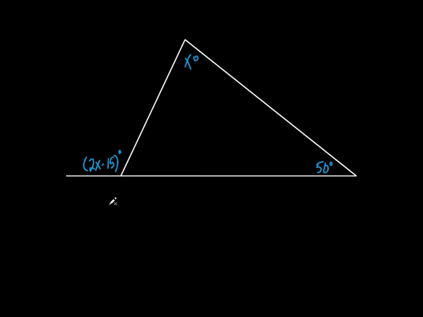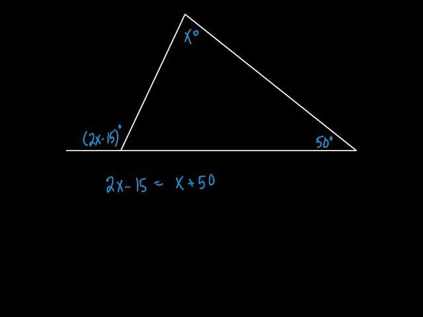So what do we do? We take that exterior angle, 2x minus 15, and set it equal to what? X plus 50. Because we take the remote interior angles, add them up, and that's equal to this exterior angle. This is the one that's on the outside. Everybody got that? And now we just solve for x.